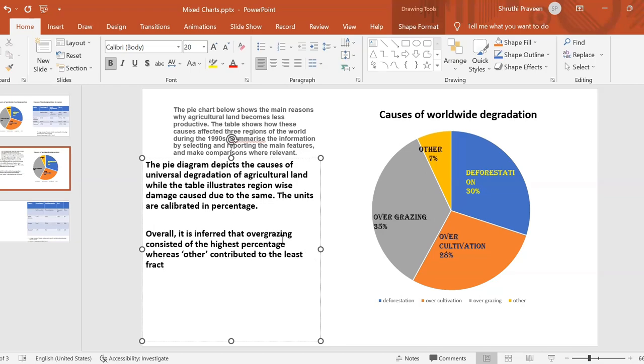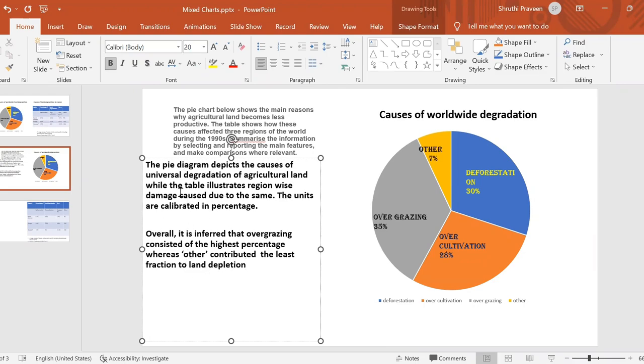So here, since I've written percentage, I'm going to write fraction here. Because anyway, 7 percentage means 7 by 100, which is a fraction. So it's safe to write fraction. Whereas other contributed the least fraction to land depletion.